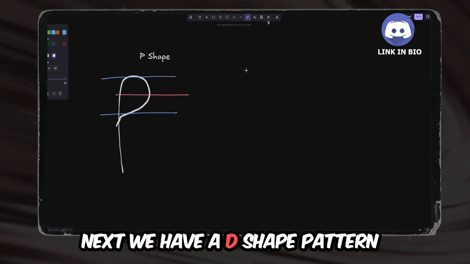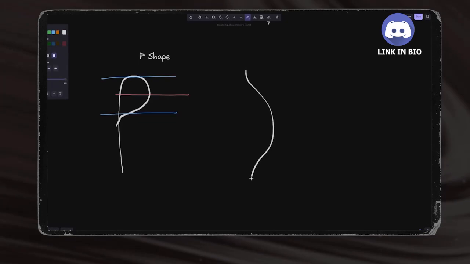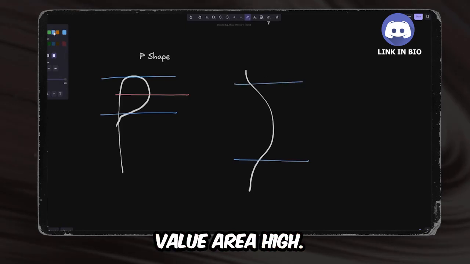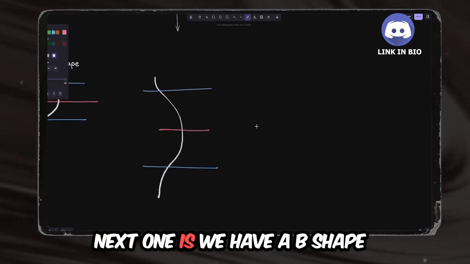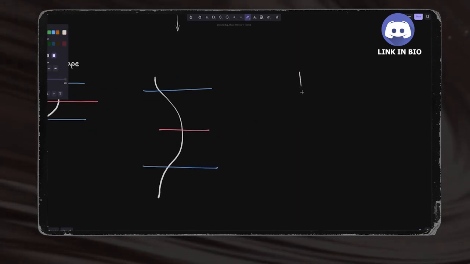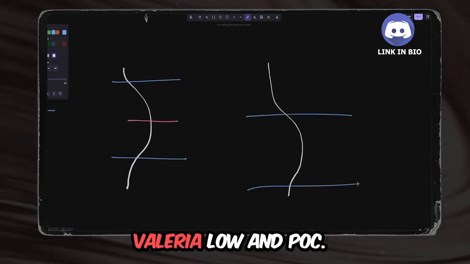Next, we have a b shape pattern looking like this. Value area low, value area high, POC. Next one, we have a D shape like this. Value area high, value area low, and POC.